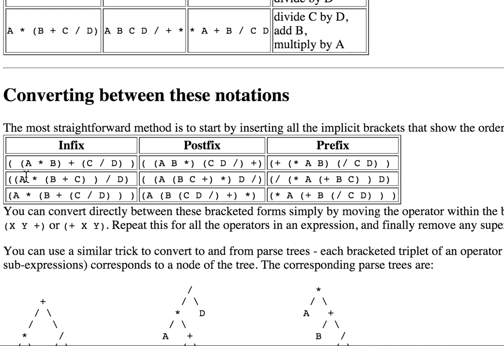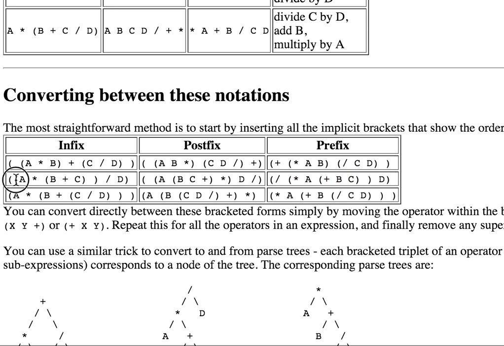For the prefix, first of all, you convert this one to prefix notation, which is plus b c. The operator goes at the beginning, as you see here, plus b c. And then this is an operand times a, a times another operand, so the times goes to the beginning. So the asterisk first, a, and then the other operand. This highlighted part is one operand.